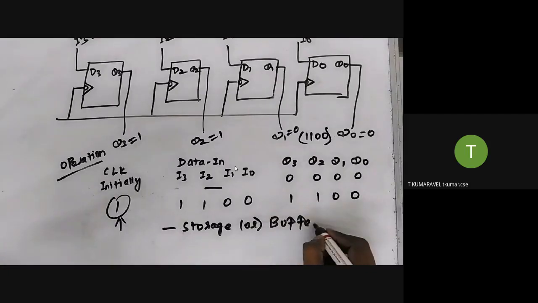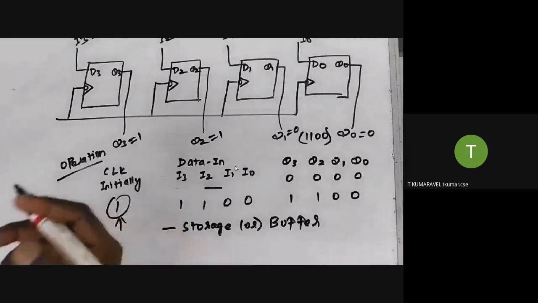So you have studied registers. All the general purpose registers are based on parallel. Once you provide the data, at that moment itself, you can take the data out from the flip-flop.